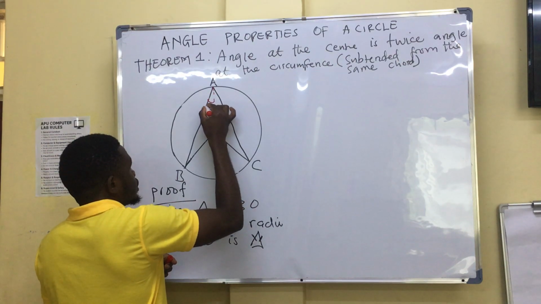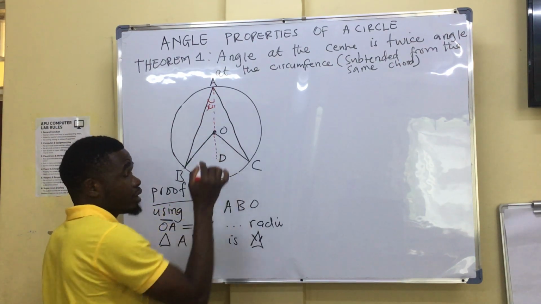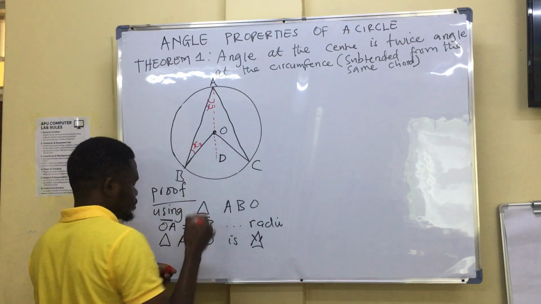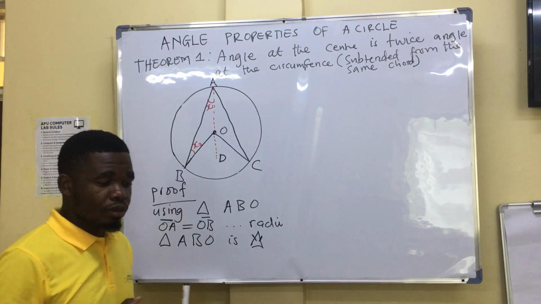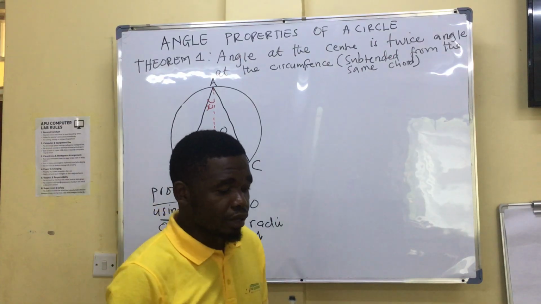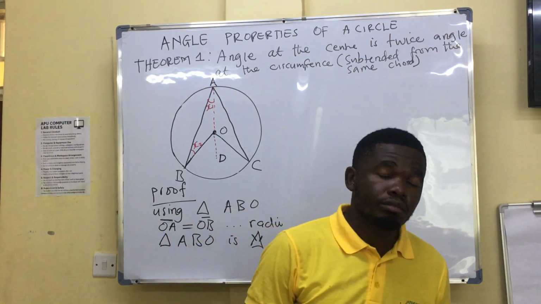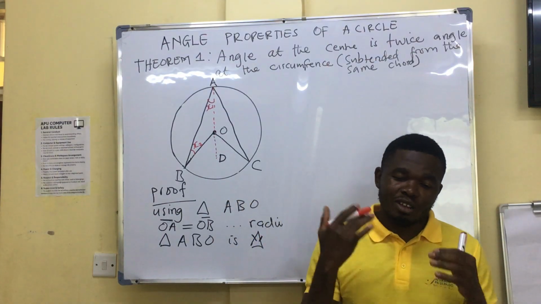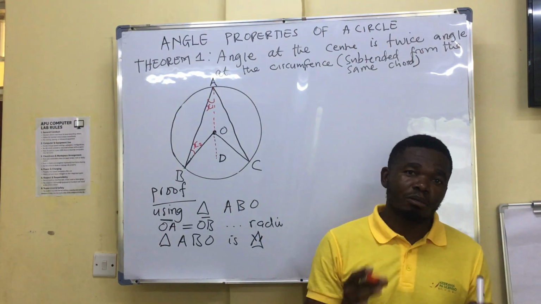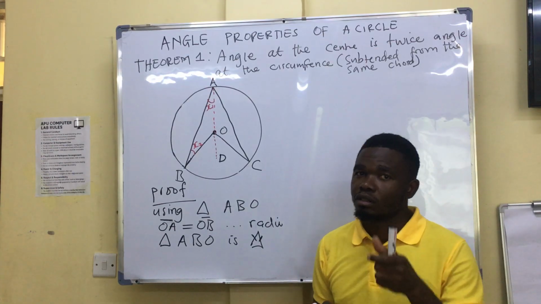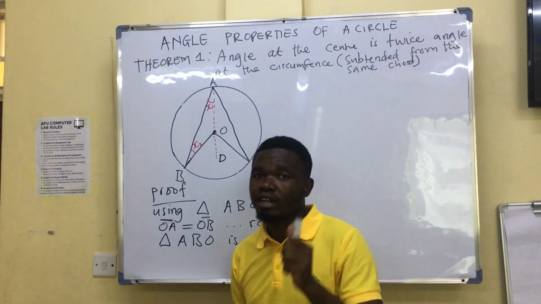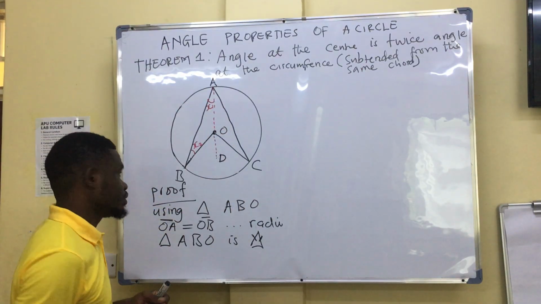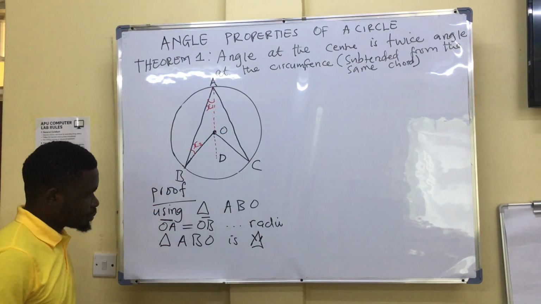Let's call this one x1 and this angle x2. Why do both have x? Because base angles of an isosceles triangle are equal, so they have the same value. Don't be confused. Let's continue.